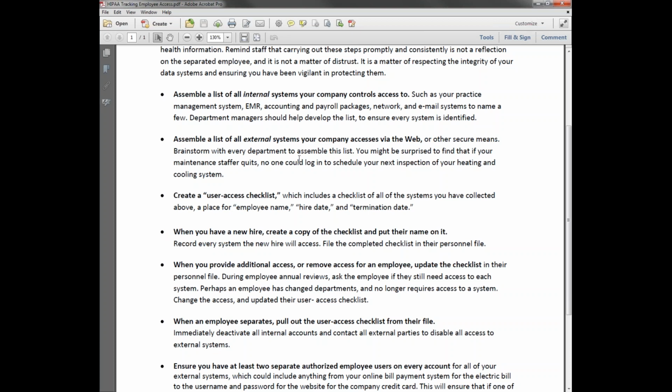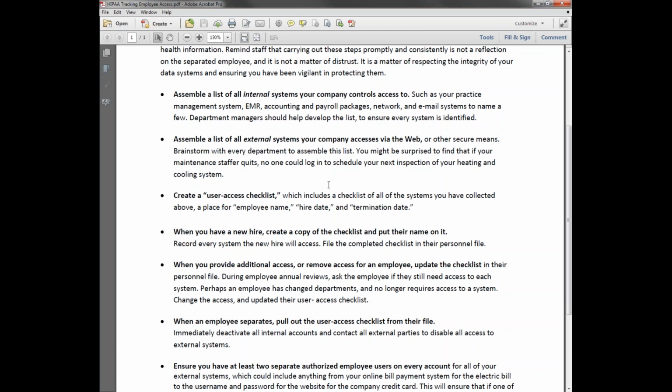Assembling a list of all external systems your company accesses via the web or any other secure means. Brainstorming all the different external systems that your company may use and assembling that list is important, as you'll be surprised to find that if your maintenance staff quits, no one could log into your schedule to schedule your next inspection for your heating and cooling system.